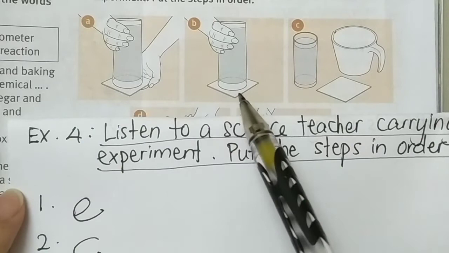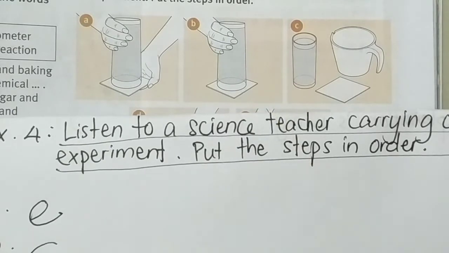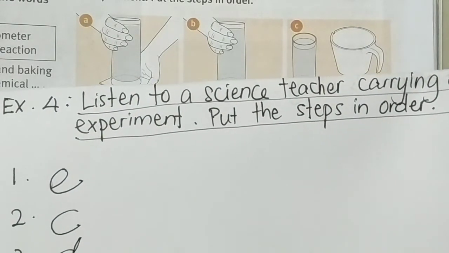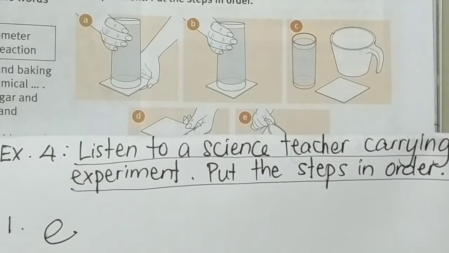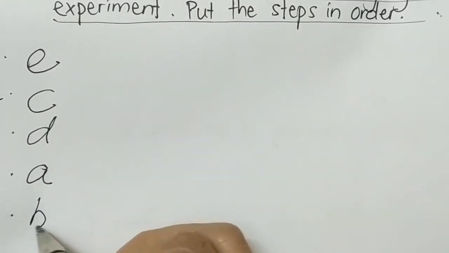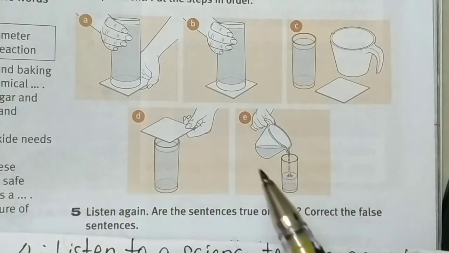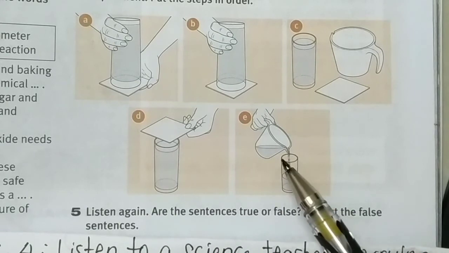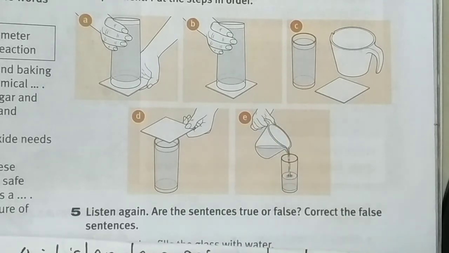And the last one, he put away his hand. Yes, and the water doesn't come out. The water stays in the glass itself. So here the last one will be B. Alright, the steps are E, C, D, A, B.